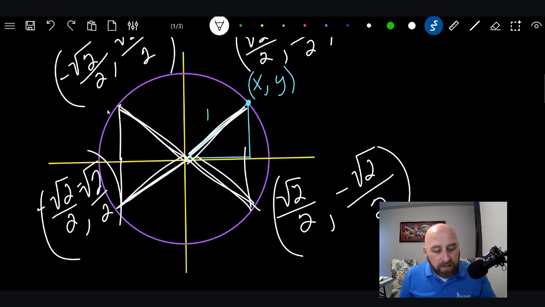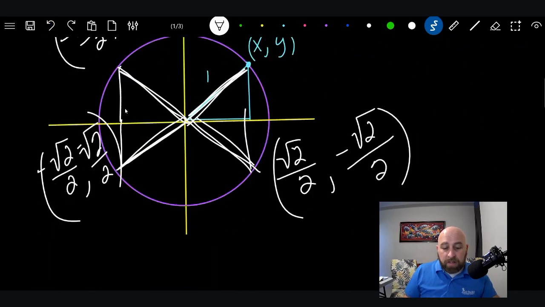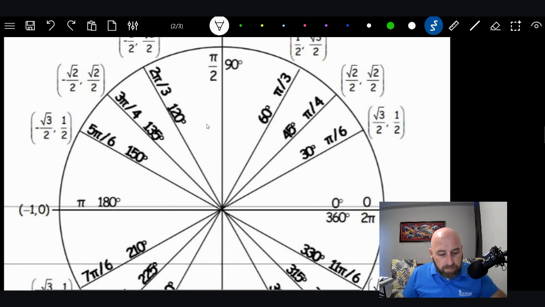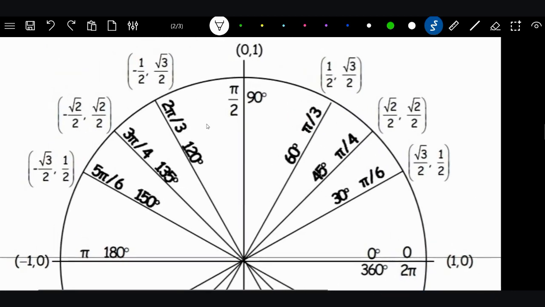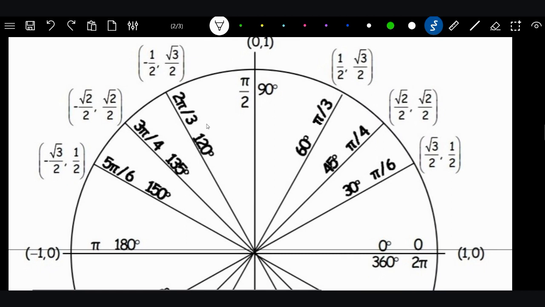Now, we can also do that with the 30, 60, 90. I want to show you this, and this might be just a little bit of overload for you. So I'm going to first show you the top half, and then we'll go to the bottom half. The overload part might be right here with these radians.